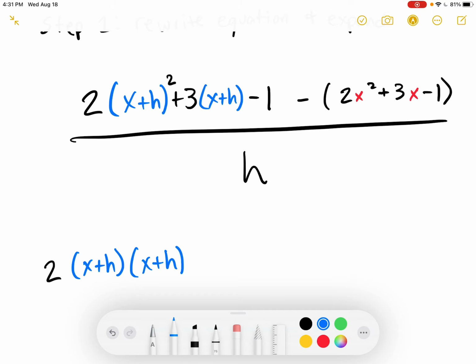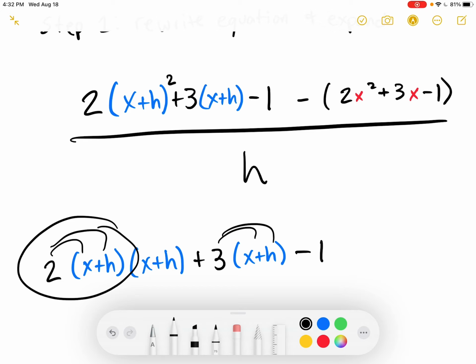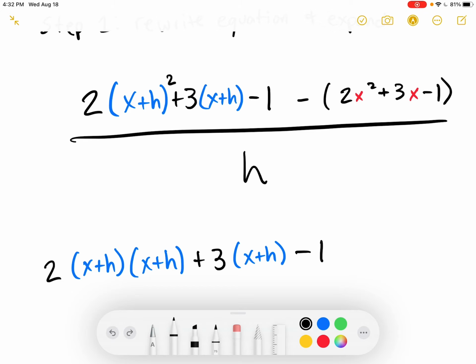So that's why I'm going to write it like this, plus 3 times x plus h, minus 1. So now I'm going to expand this, which means I'm going to distribute this into here, and whatever I get here, I'm going to distribute into that next set of parentheses. Okay, so let's get started.